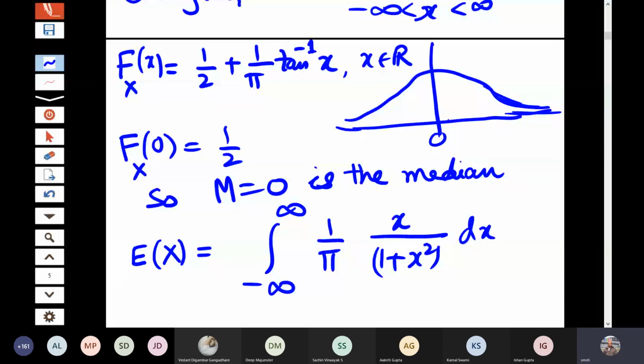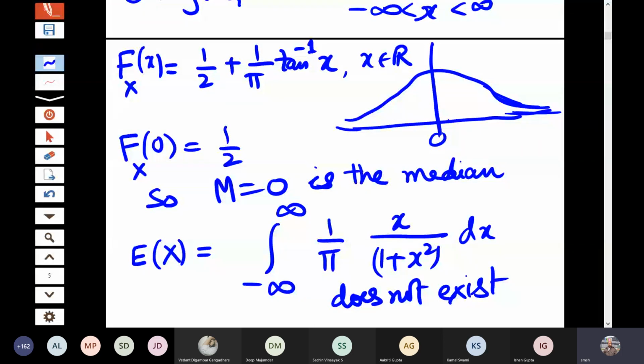You can easily see that this does not exist because the integral is half log of 1 plus x square, and at plus infinity and minus infinity it is not defined. So this does not exist. But here the median is useful because it gives certain idea about the measure of the central tendency.